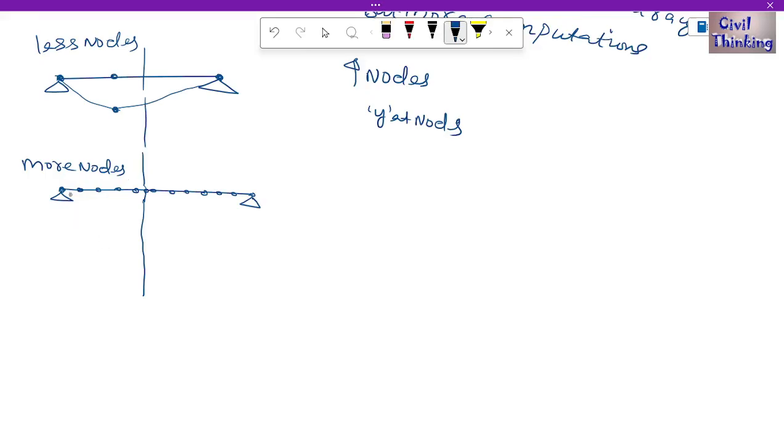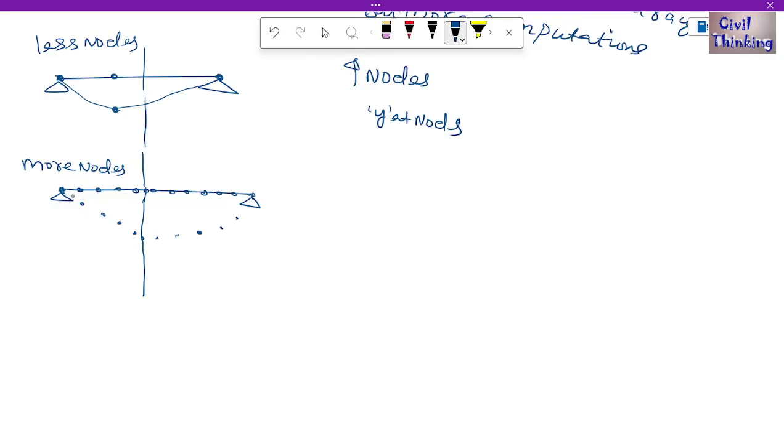Because we have more nodes, Ansys will calculate the deflection of each and every node, right? So Ansys told me there is, for example, no deflection here, some deflection here, then a little deflection here, then a little deflection here, and then a little deflection here. Similarly, I got these deflections, and there is no deflection here.